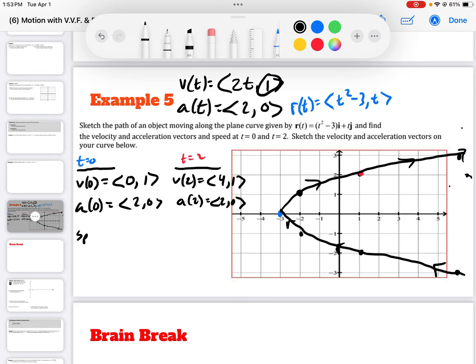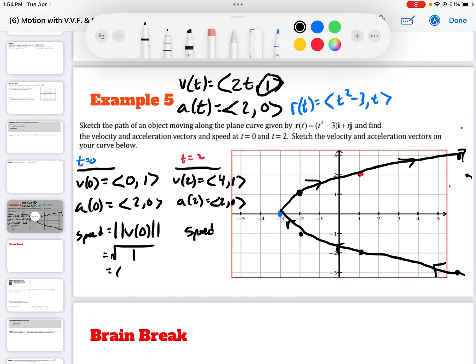Now the actual speed, remember speed is the absolute value of velocity. So I'm going to say speed, or the magnitude of velocity, at 0 is the square root of 0 squared plus 1 squared, so it's just going to be 1.